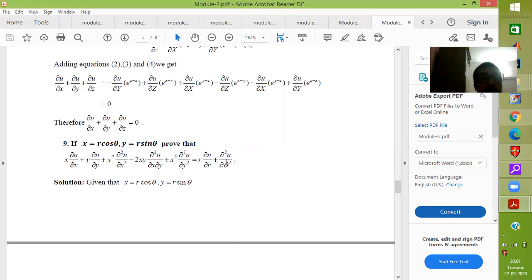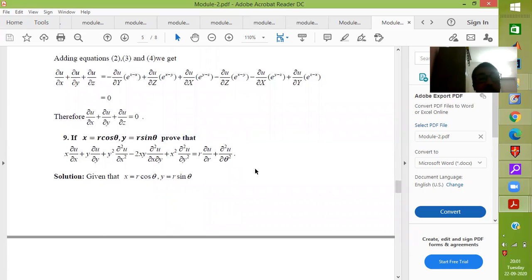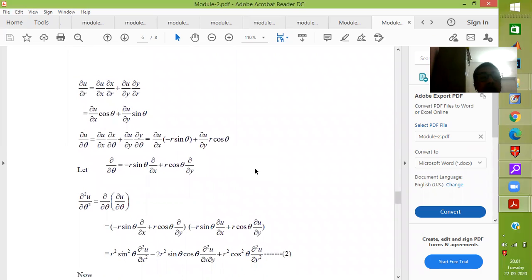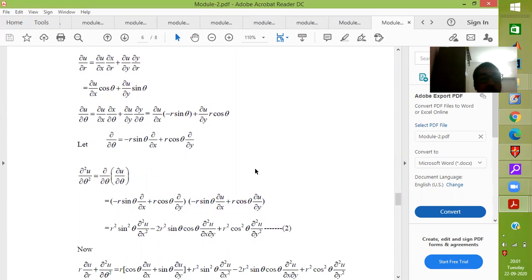What is very important is to assume that u is a function of x and y, where x and y are functions of the parameters r and theta. So you'll have to apply the chain rule at two levels, at the first order level as well as the second order level. You have to be extremely cautious with the second order level, ∂²u/∂θ², which is ∂/∂θ of ∂u/∂θ.